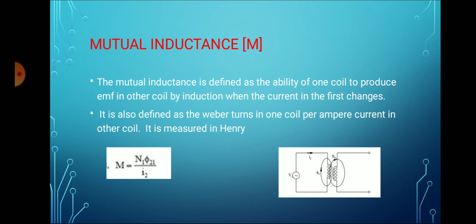Next one is the mutual inductance. N1 is the number of turns in coil 1. N2 is the number of turns in coil 2. If a varying voltage source V1 is connected to coil 1, it produces the varying current I1. Varying current I1 produces the changing flux phi1.